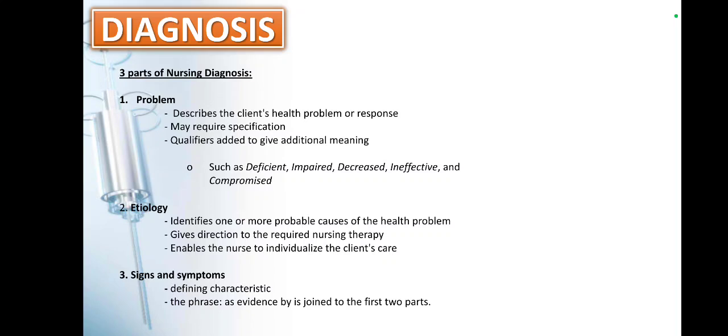So this identifies one or more probable causes of the health problem and gives direction to the required nursing therapy. This is the reason why we are capable of individualizing our nursing care plan, because of identifying the etiology.